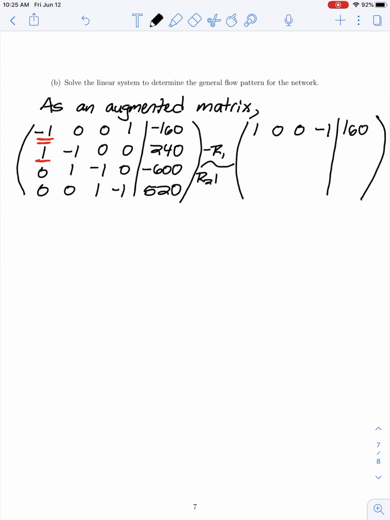So here I could take row 2 and add row 1 to it, which would give me 0, negative 1, 0, 1. And then my 240 minus 160 leaves me with 80. All right. And for now, my last two rows I'm going to leave alone.